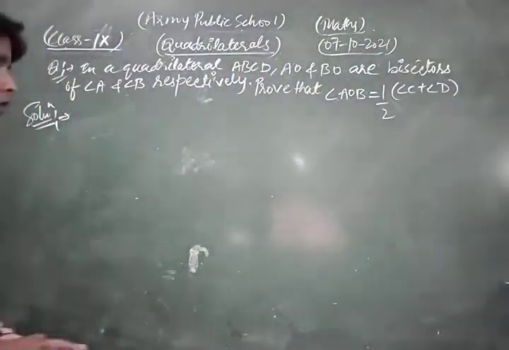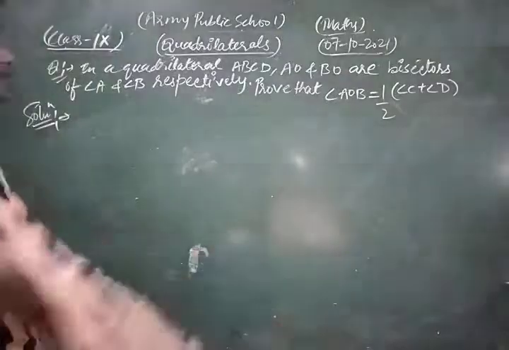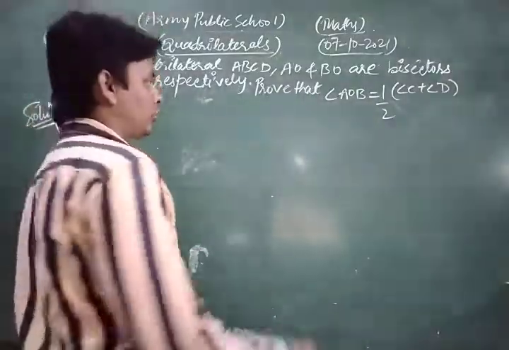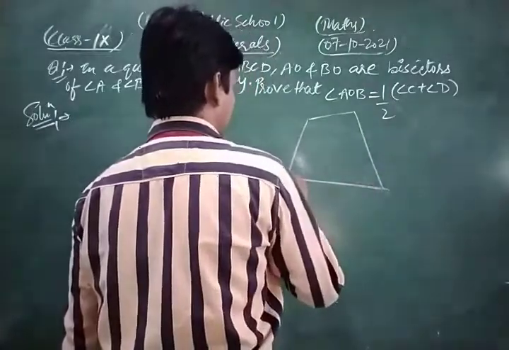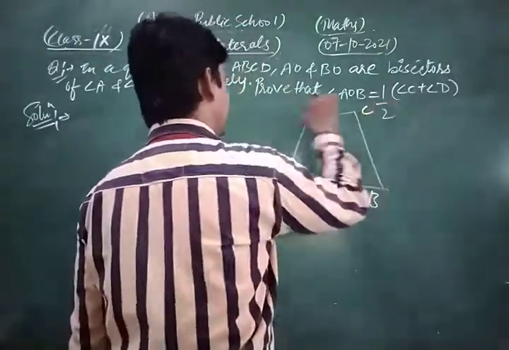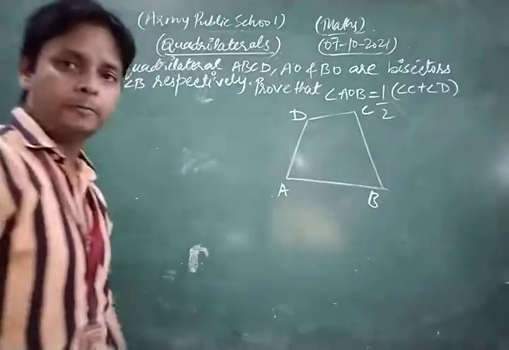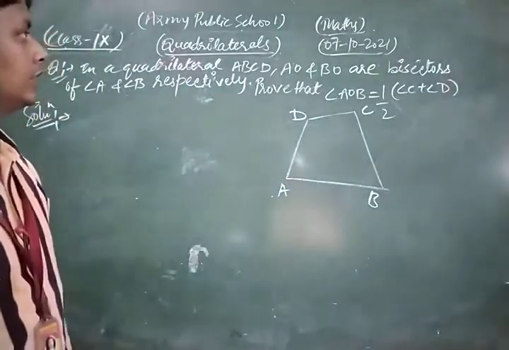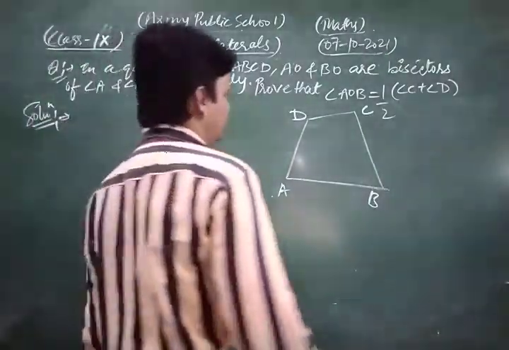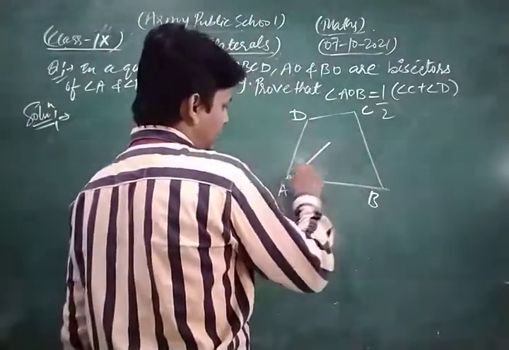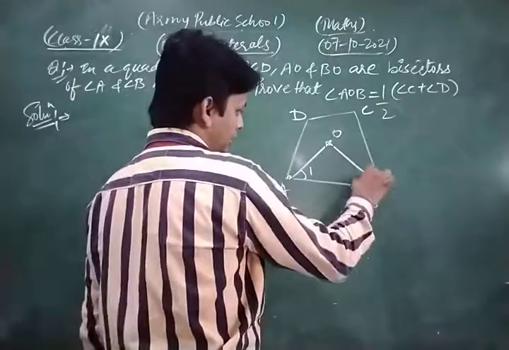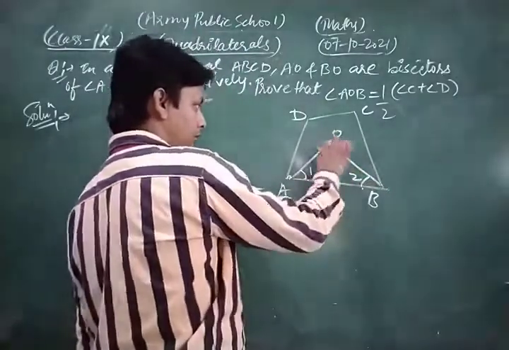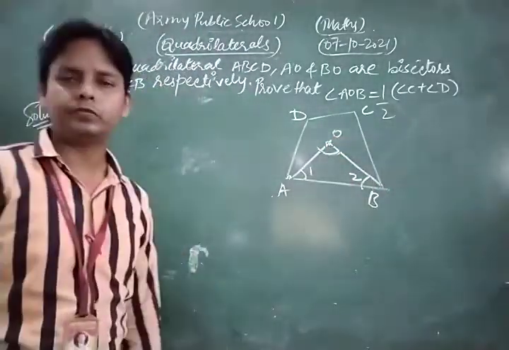Now look. First of all, dear student, we draw a quadrilateral ABCD. Okay, and the bisectors AO and BO of angle A and angle B meet at point O. Suppose that this is angle 1, this is angle 2, and this is angle AOB.